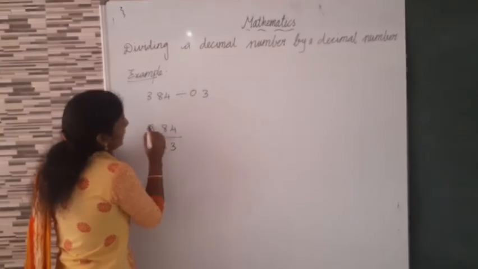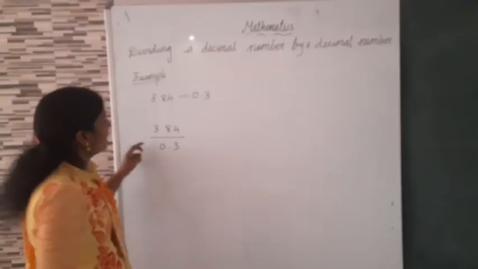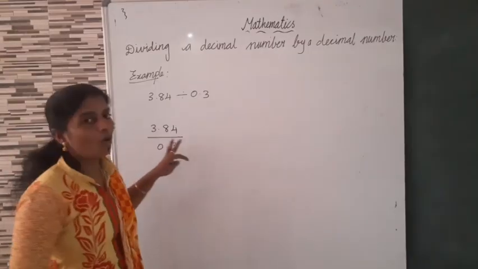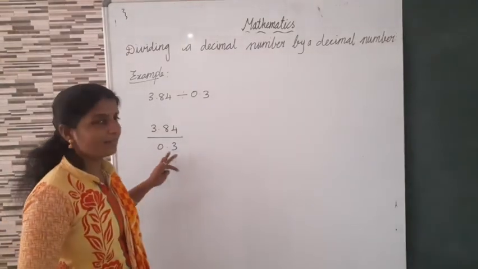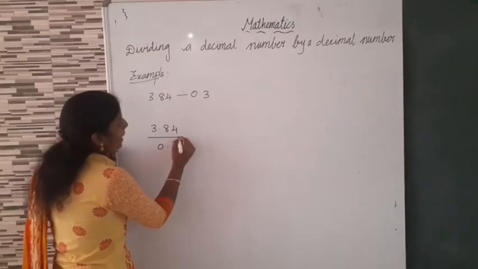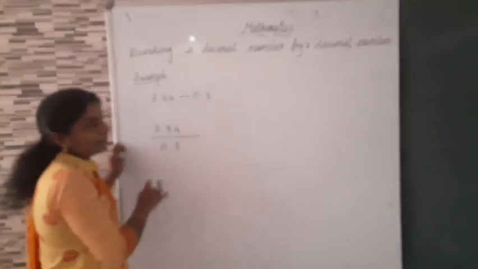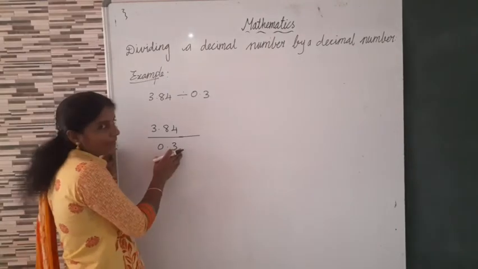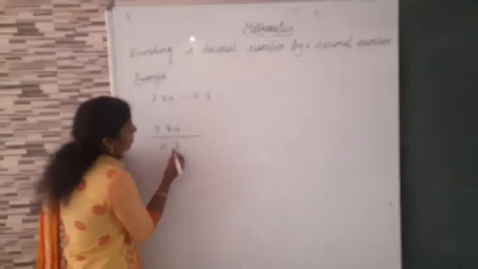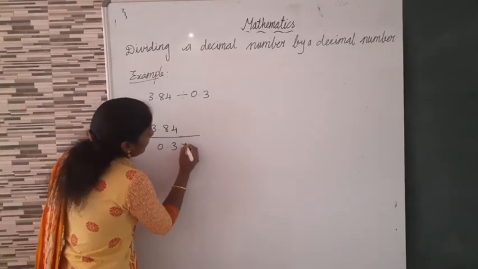Now listen here, in the denominator we have a decimal number. We need this to be a whole number or natural number. Isn't it? If we have a natural number, we can divide this decimal number. So we can remove this point from the denominator.